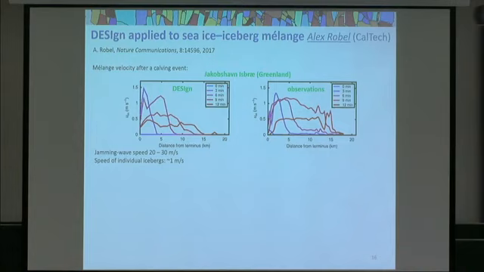Another thing that Alex did was to compare the model results with GPS observations from calving events in Jakobshavn Glacier. Here you can see the speed of icebergs as a function of the distance from the glacier at several time instances after the calving event, here from the model, here from observations.